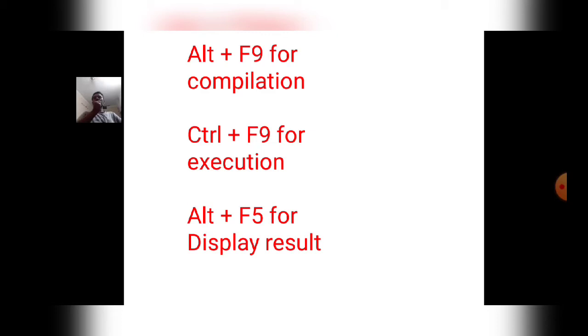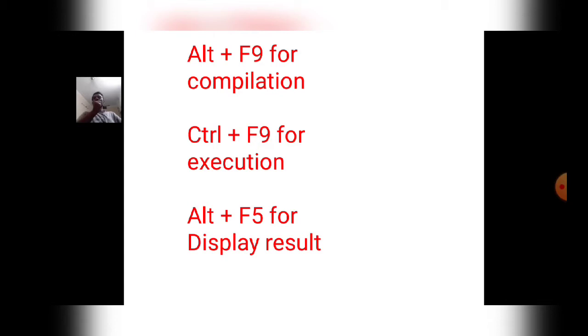What is execution? Execution means the step-by-step solving of the coded program by the C compiler is called execution.